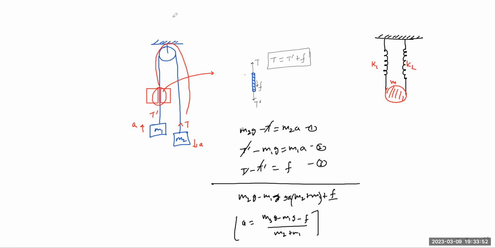What is the easy version here? In laws of motion, we always go for the easy version, right? So the easy version is a smooth, massive pulley. It's not massless, it's massive, so it is having mass.